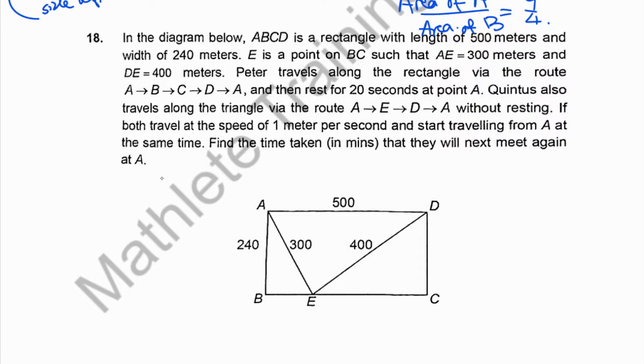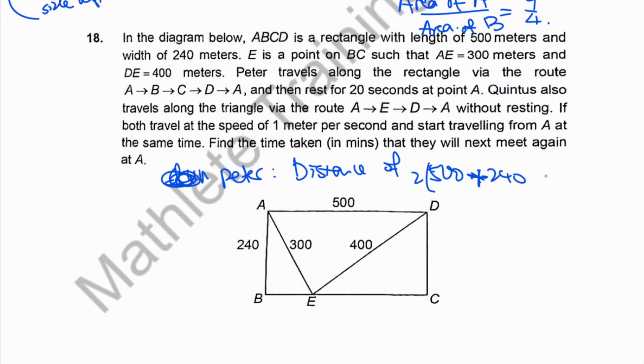So Peter will travel a distance of 500 plus 240, times 2, which is equal to 2 times 740, which is 1480 meters.